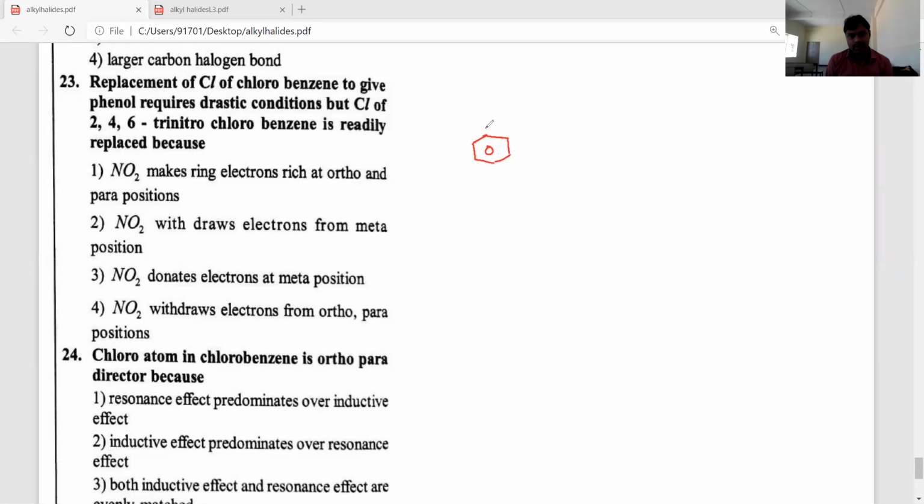Chlorobenzene is converted into phenol. The important thing is that drastic conditions means treating with sodium hydroxide at high temperature and high pressure, because aryl halides are less reactive in nucleophilic substitution reactions.